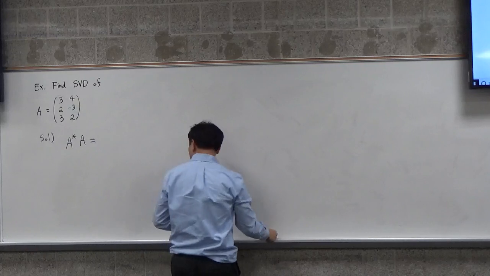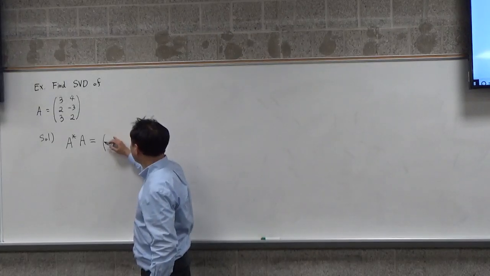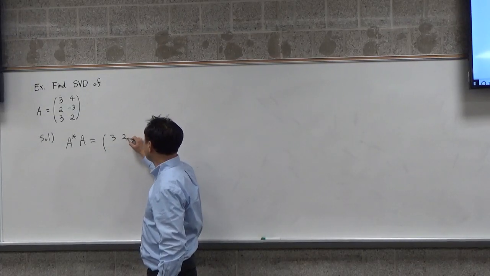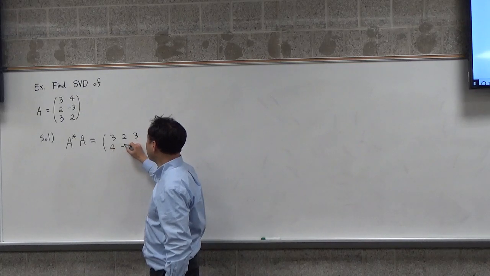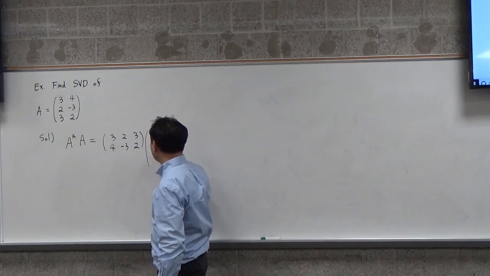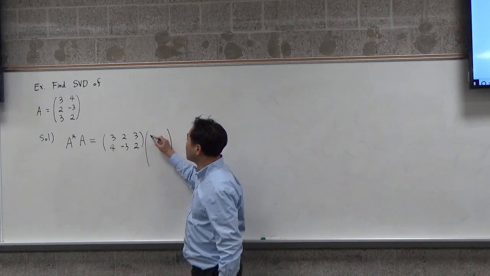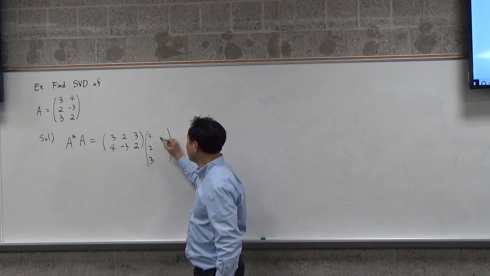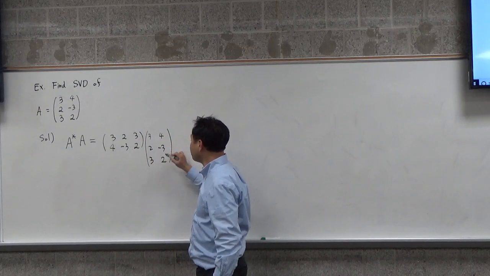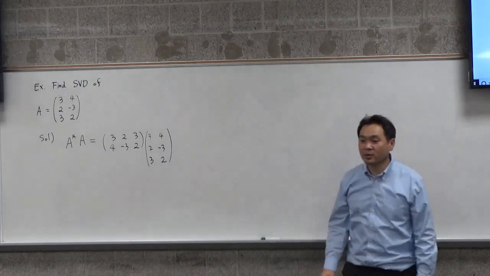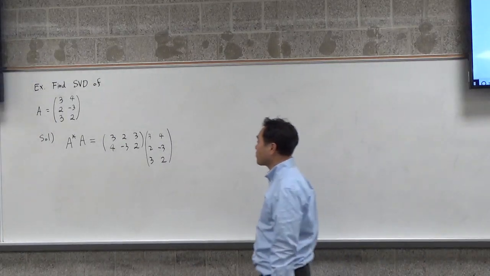So what you end up with is 3, 2, 3, and 4, negative 3, 2. And then 3, 2, 3, 4, negative 3, 2. So you make this.